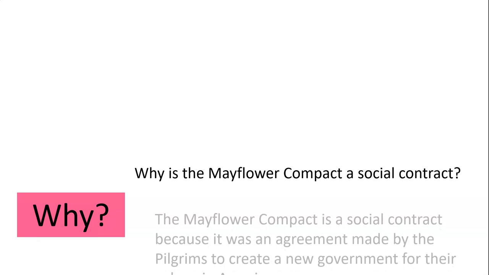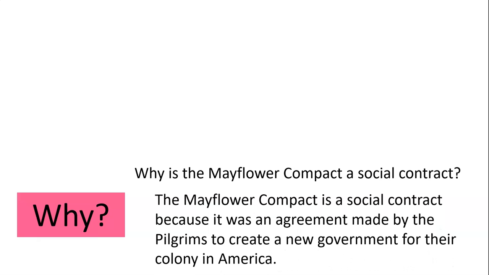And why? Well, we've kind of talked about this a little bit. Why is the Mayflower Compact a social contract? Well, when you get to this point in your talk, be sure that you make it very plain. The Mayflower Compact is a social contract because it was an agreement made by the Pilgrims to create a new government for their colony in America.